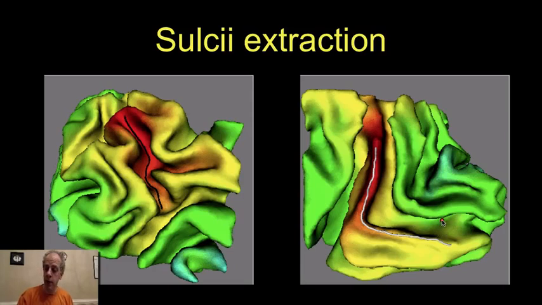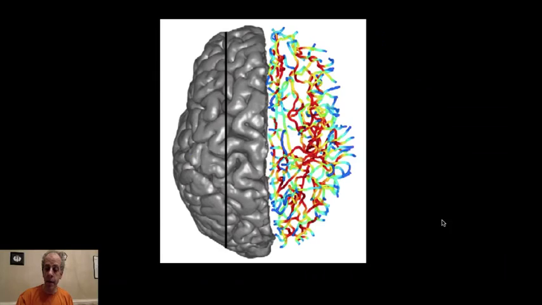Once you compute this, you can create very interesting networks of these sulci, which again have a very important neuroscience application. It's very important information for many neuroscience applications. Some of them actually related to particular problems, but some of them related to basic research.